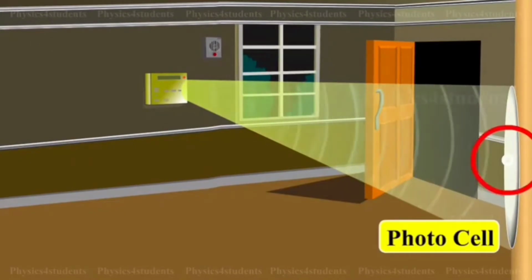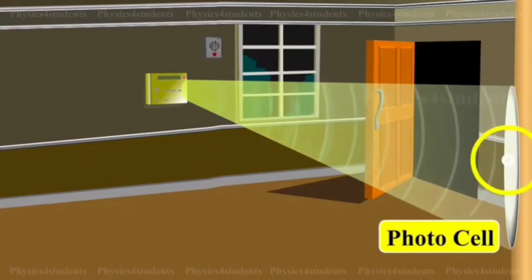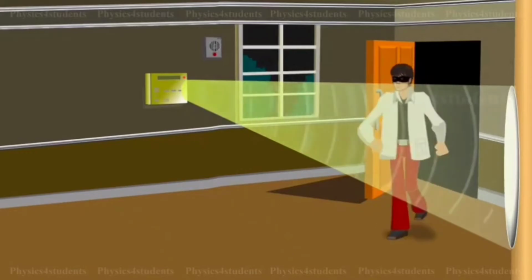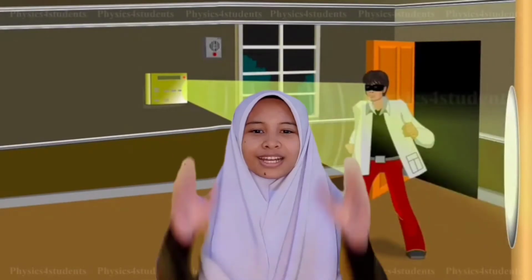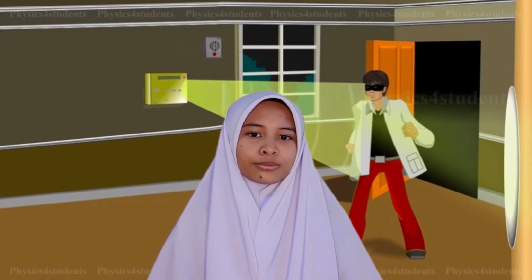The photocell is the most crucial component of most modern-day motion detector devices, such as the burglar alarm. Most motion detection burglar alarms primarily consist of a power source, a photocell, a light source, and an alarm. Under normal circumstances, the light source is always shone on the photocell, allowing current to flow in the circuit.